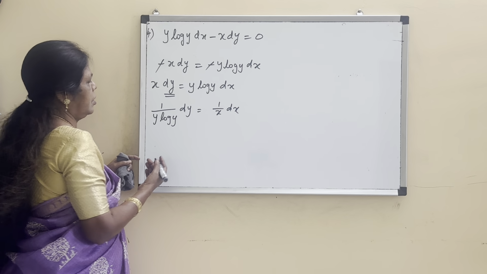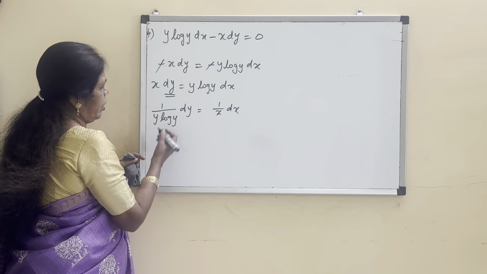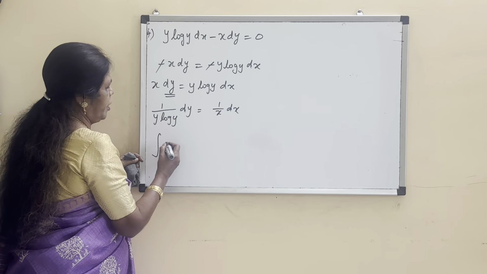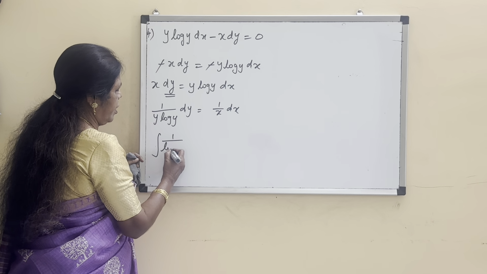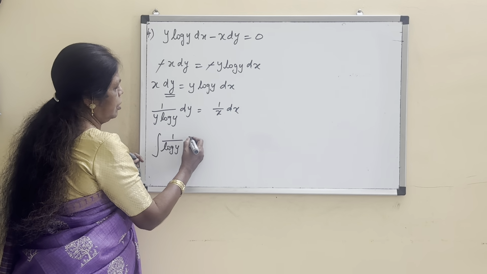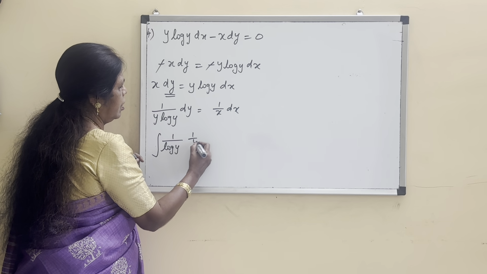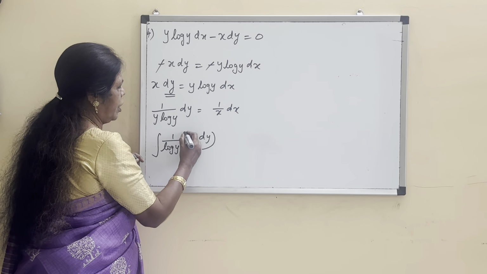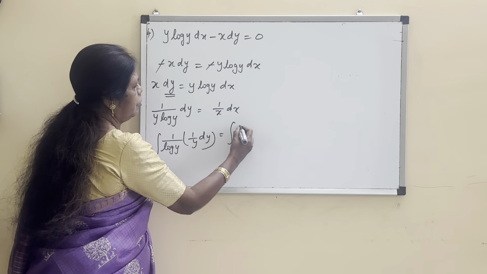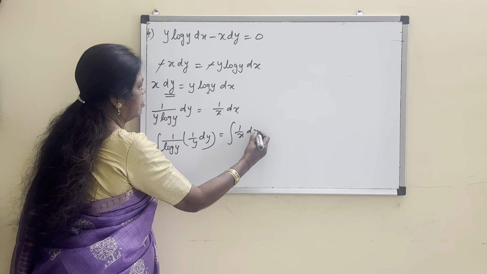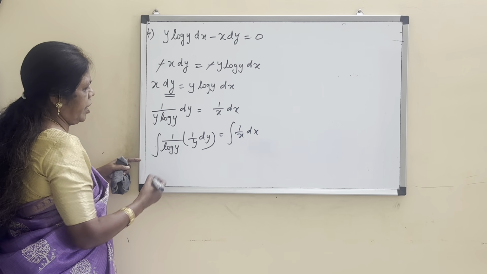Now I can integrate it. While integrating, you can write it in this form: integration of 1 by log y into 1 by y dy, grouped together, equals integration of 1 by x dx.